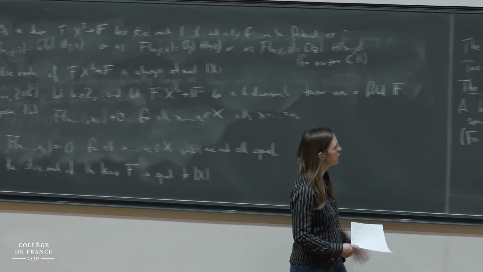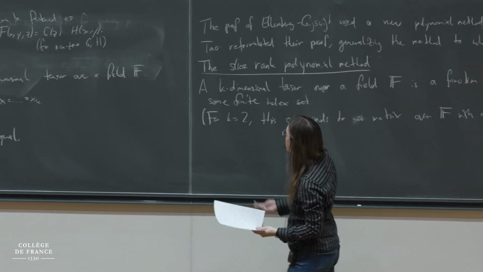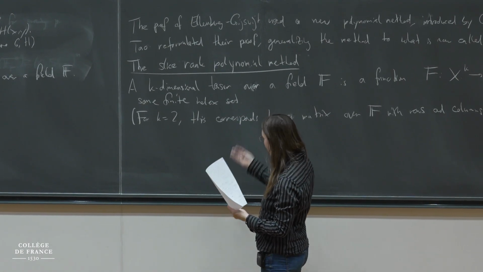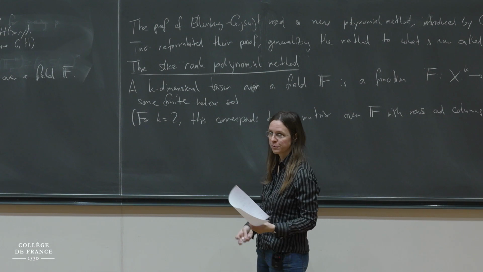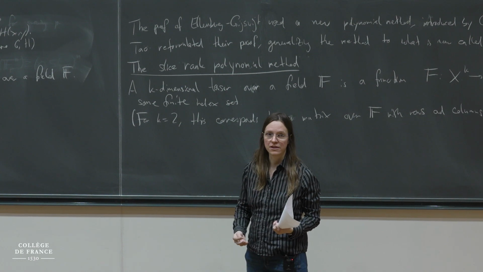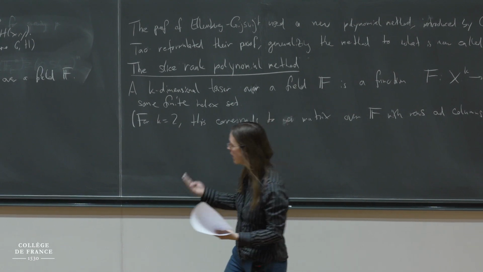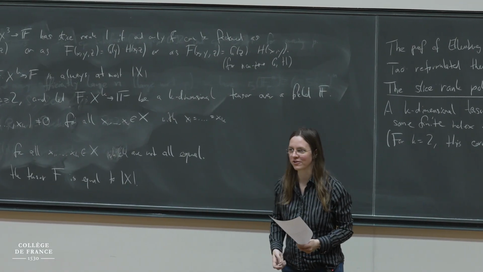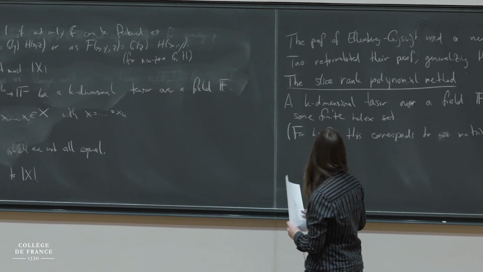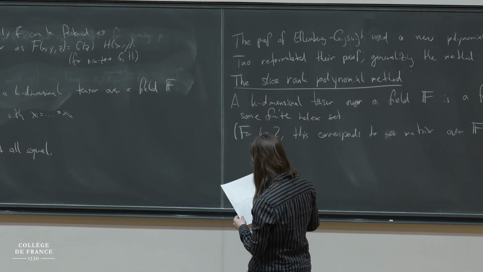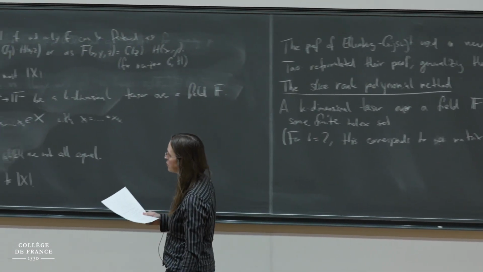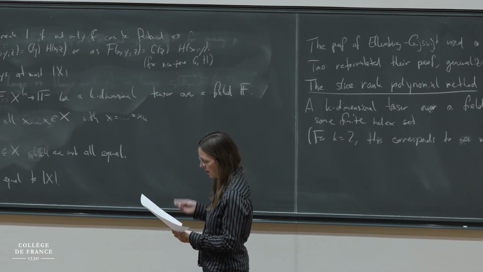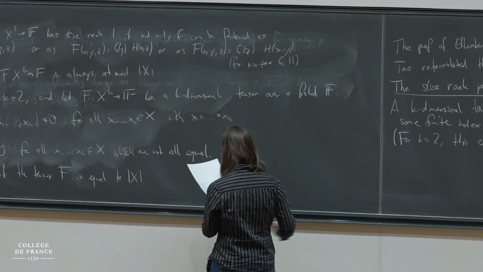And that's where you use the polynomial. You defined the tensor with some polynomial expression, and by analyzing and rewriting this polynomial expression, you want to get an upper bound for the slice rank of the tensor. Then combining this lower bound with that upper bound, you hopefully get the conclusion you want. So that's the rough pattern, but maybe it's much clearer to actually see it in action. So we will now prove this Ellenberg-Gijswijt upper bound for R3 of F_p^n, with this proof following Tao, using the slice rank polynomial method.